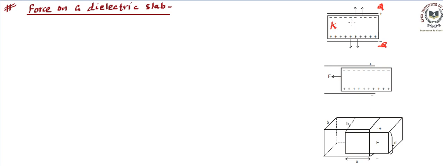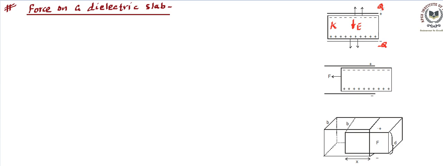Whenever this is completely filled, we can draw the free body diagram and find out what the forces are going to be. We know when this is placed inside, there is a field from positive to negative direction. The net field lies in this direction. Now this net field is going to apply force on the dielectric.